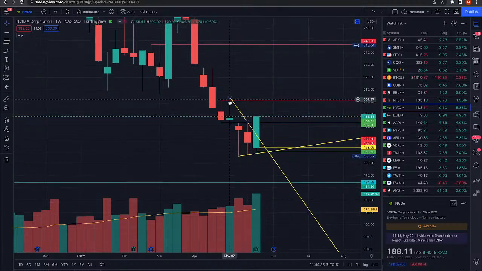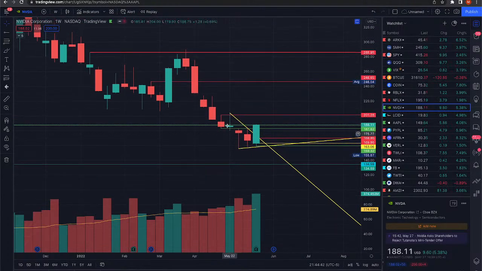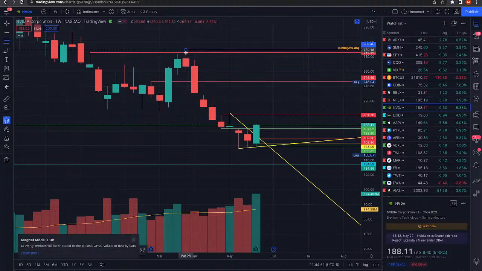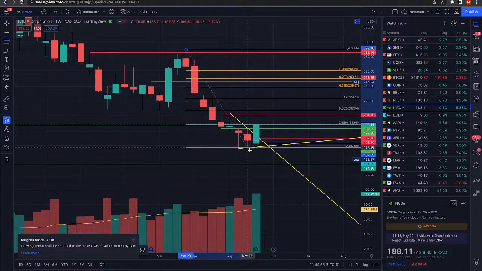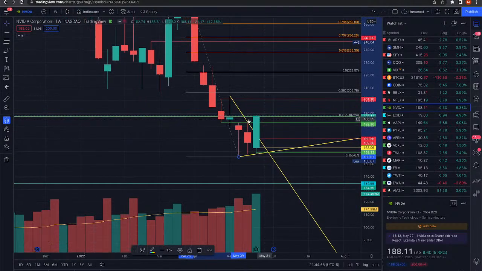So yeah, this was the 1 week. Would you guys call that a bounce? Not really, right? So let's look where we are up here. I think the last high was up here then. Okay, so in that case, we've only bounced to like 23%, so that's kind of weak.